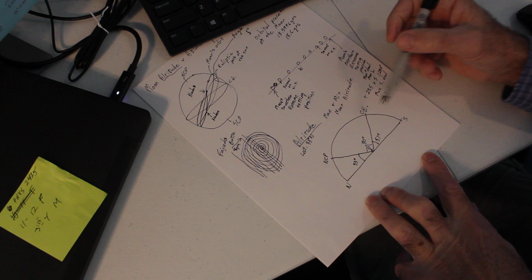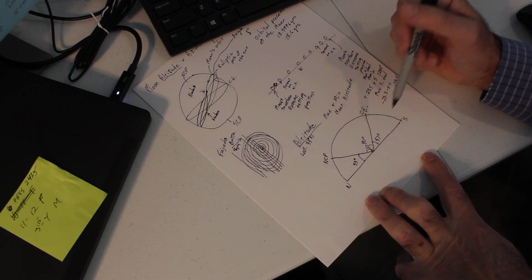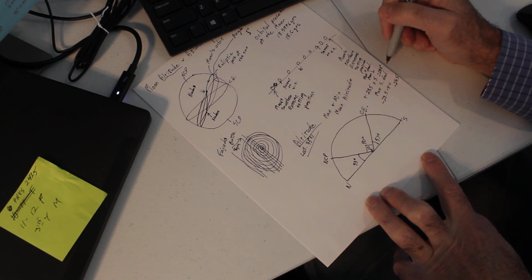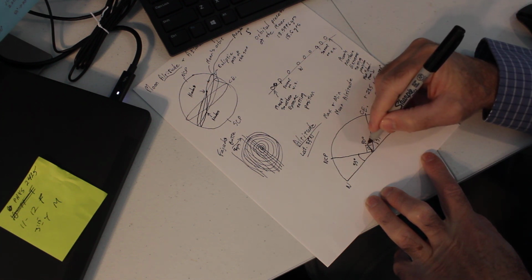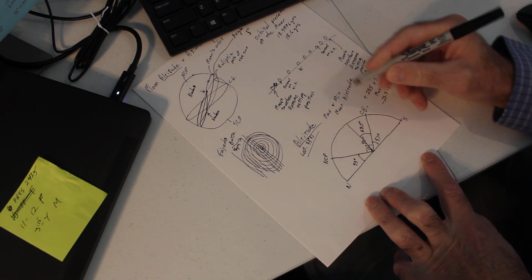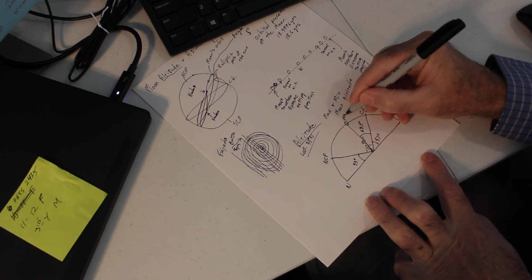So to figure out the maximum and minimum altitudes for the moon from a specific location, in this case Commerce, Texas, we just go to the celestial equator and we go up 28.5 degrees for the maximum. This is the maximum moon altitude.